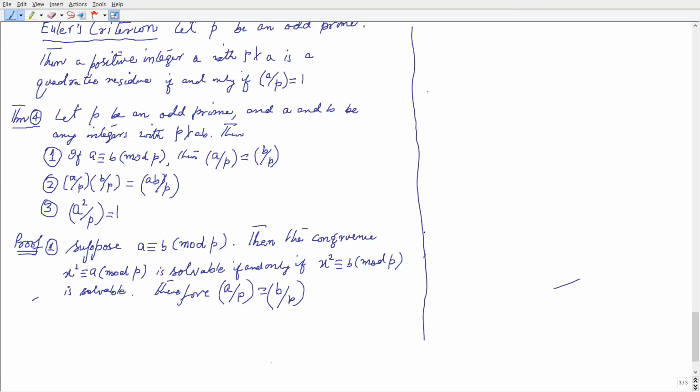Now move to the second part. In the second part, it is given the product of two Legendre symbols, the product of A and B. I'm using here Euler's criterion.